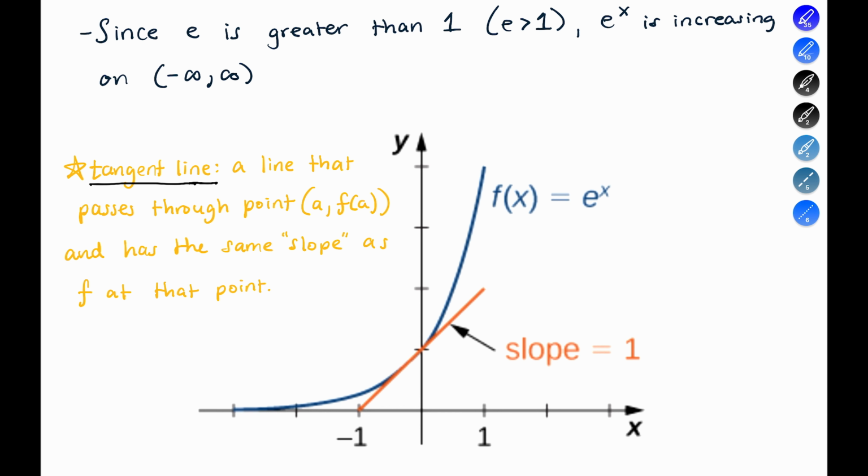The specific definition says it is a line that passes through the point a comma f of a. So in this case it would be 0 comma f of 0, and e to the power of 0 is just 1, so that's why it crosses through 1. It passes through that point and has the same slope as f at that point. So it has a slope of 1, and that's pretty interesting.